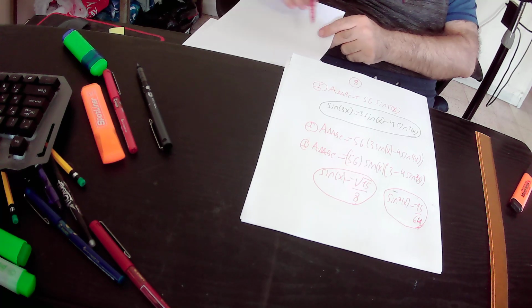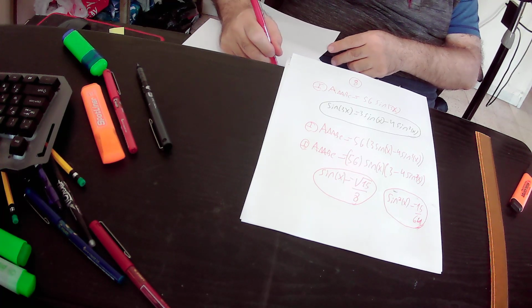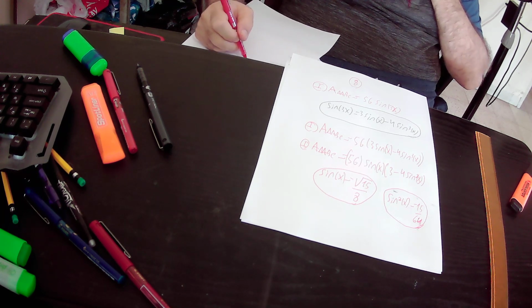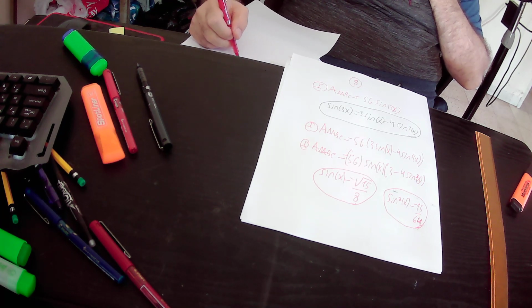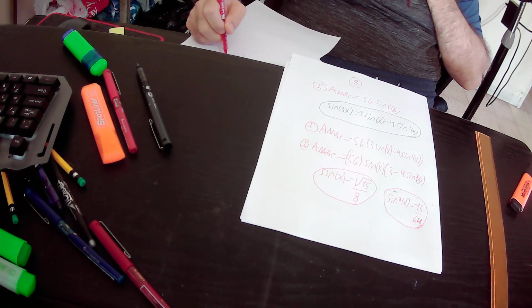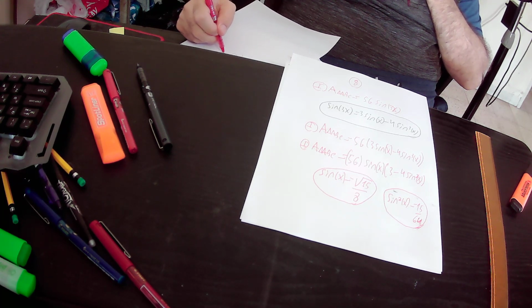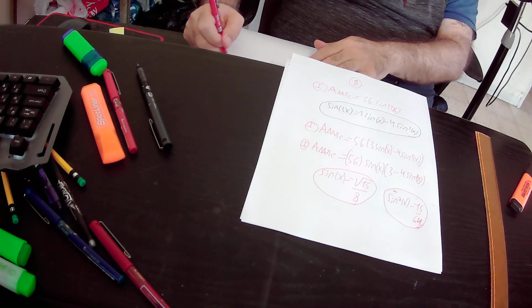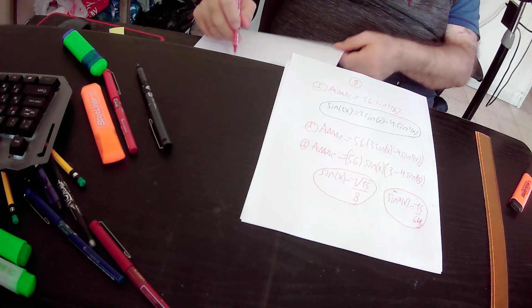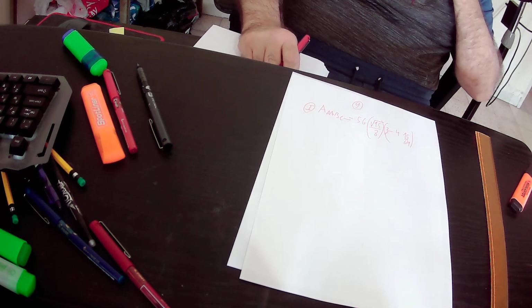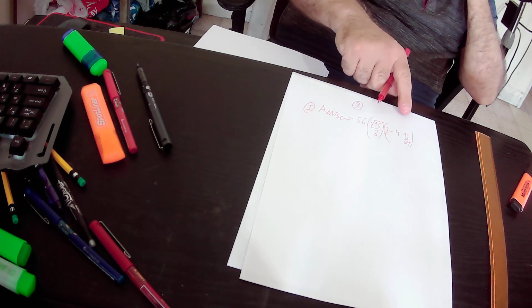We get that the area of triangle ABC equals 56 times root 15 over 8, and in the brackets we have 3 minus 4 times 15 over 64.